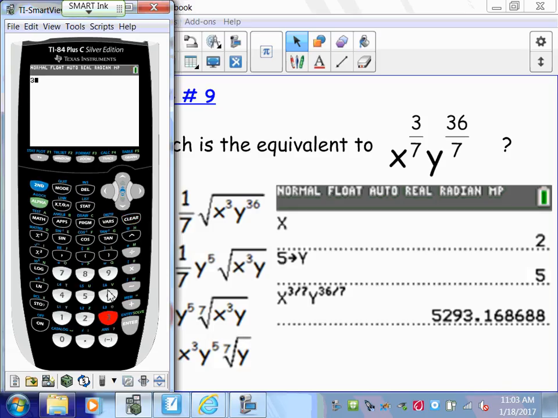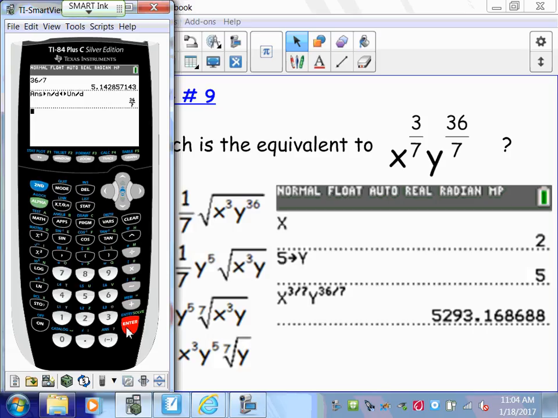If you go 36 divided by 7, alpha y equals 3. Maybe. Still 36 over 7. Because like Trey said, it's 35, close to 37. Alright. Almost there.